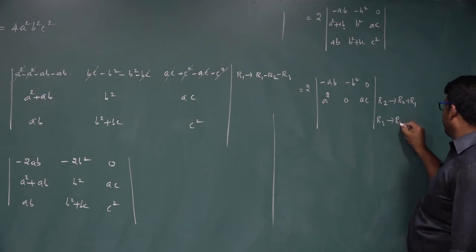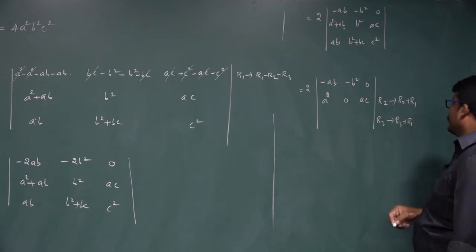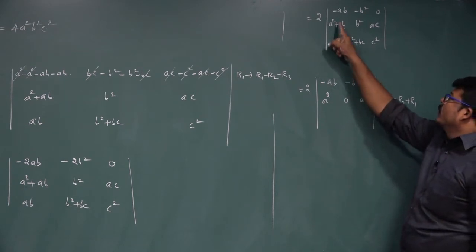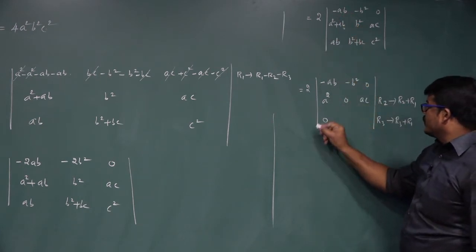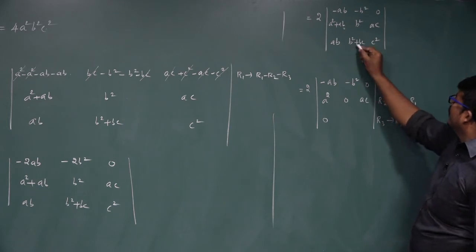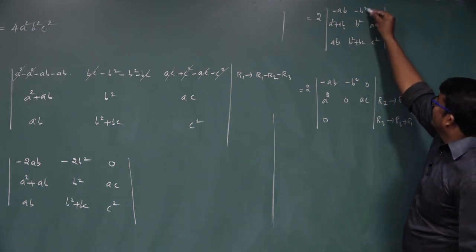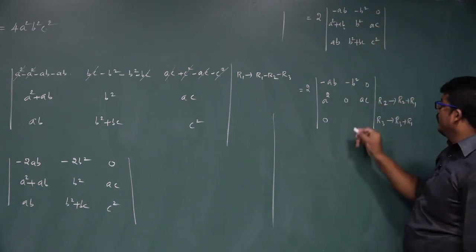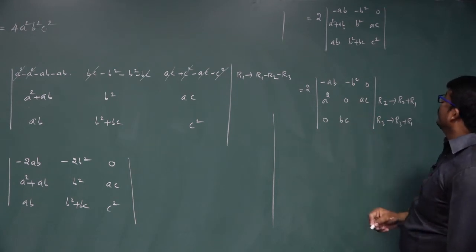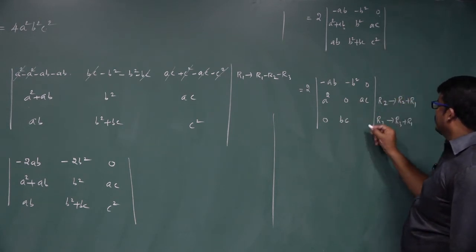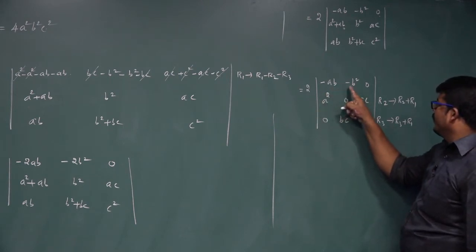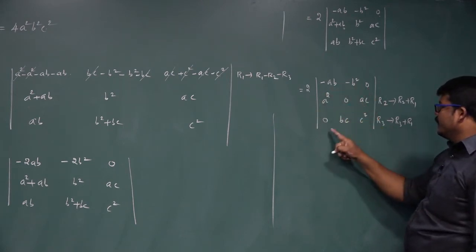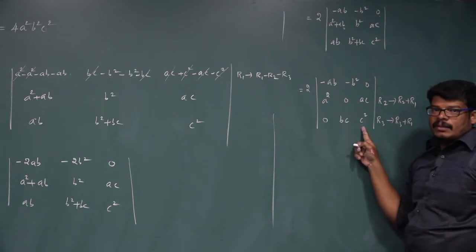This R3 plus R1, adding the third row and the first row, AB minus AB value is 0. Next one, B square plus BC minus B square, B square cancel, the value BC. Next one, C square plus 0, that is C square. The determinant is minus AB, minus B square, 0, A square, 0, AC, 0, BC and C square.